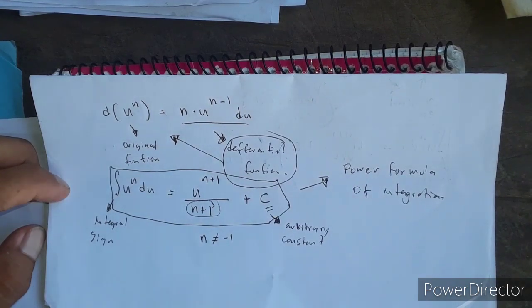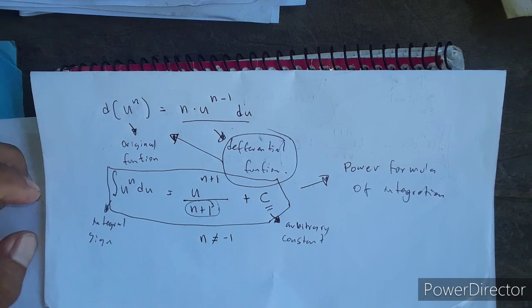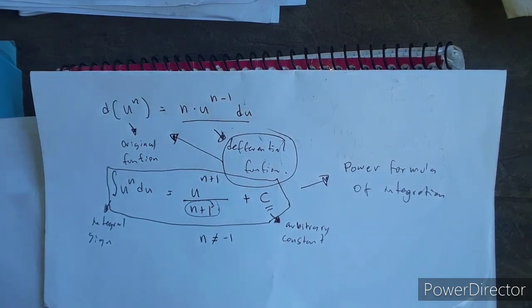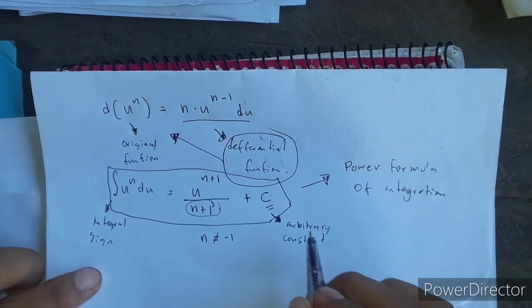For the specific problem where the power is equal to -1, we have another approach, and I will discuss that in my other videos. So let's take some examples of integration using this formula.